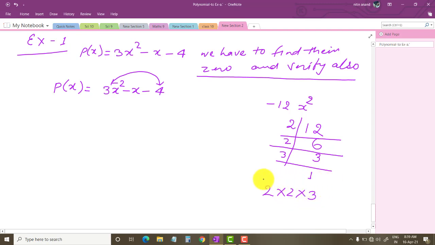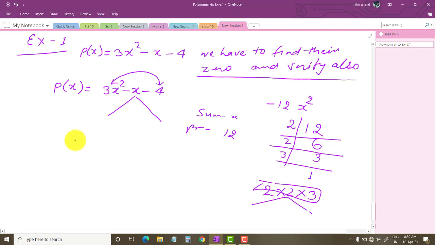We have to break this term into two parts such that their sum is minus x. Their sum is minus x, and product is 12.